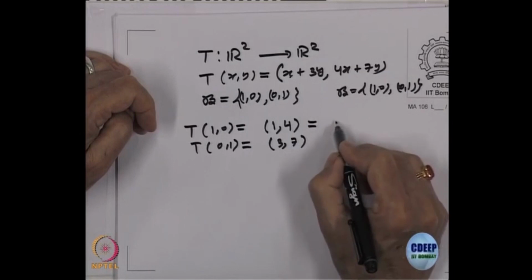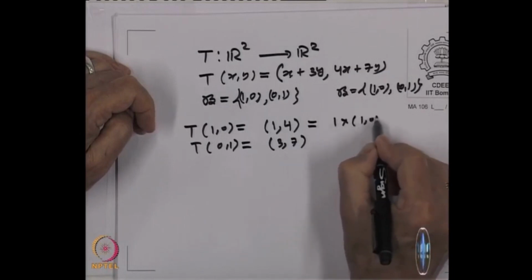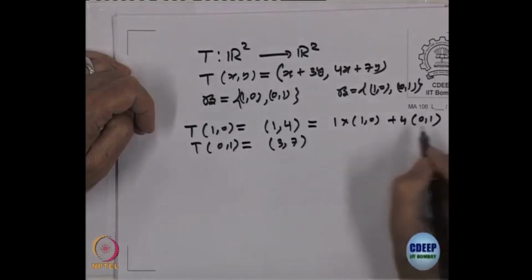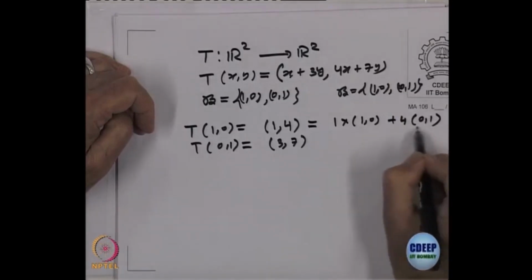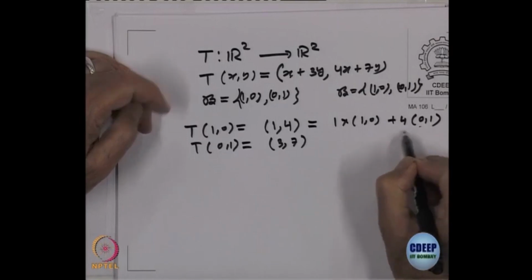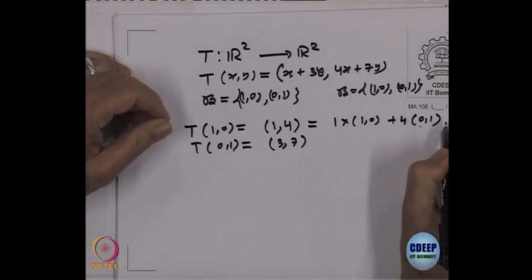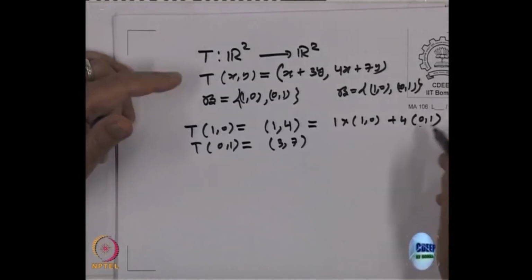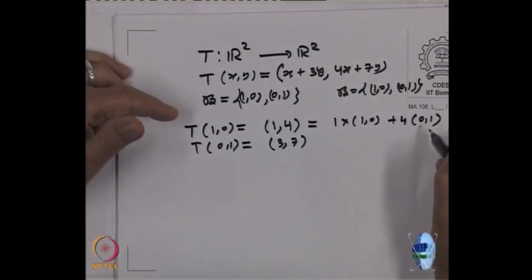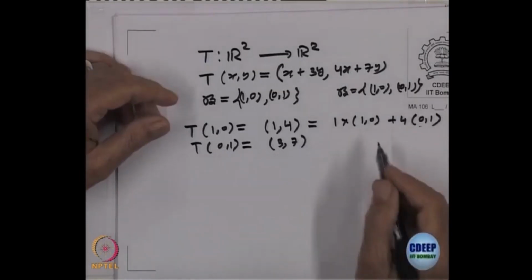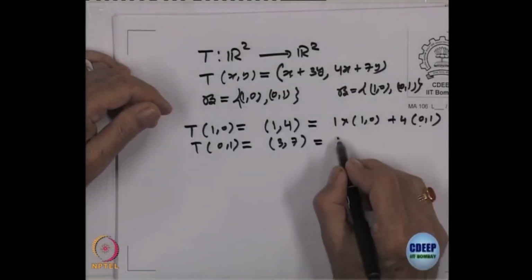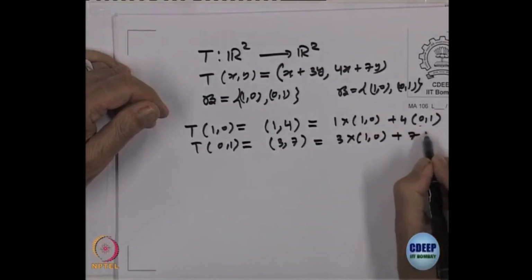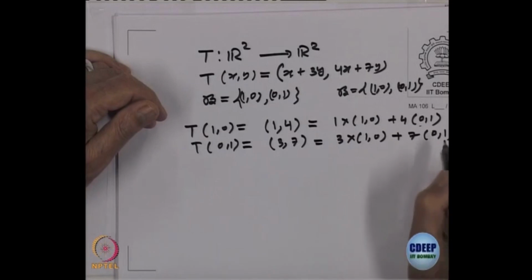So that is simply 1 times (1, 0) plus 4 times (0, 1). This has become simpler because I have taken the standard basis. Otherwise I had to write alpha times this plus beta times that, solve those two equations and find the values of alpha and beta, which is always solving a system of equations. Here it is easy. Similarly, this is equal to 3 times (1, 0) plus 7 times (0, 1).